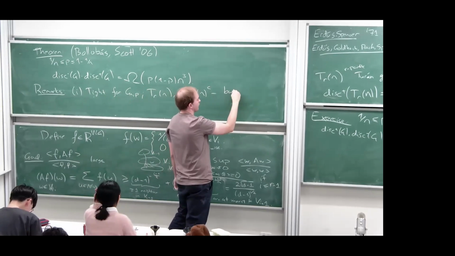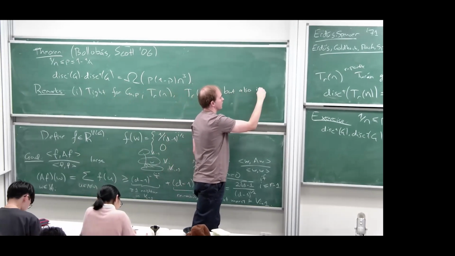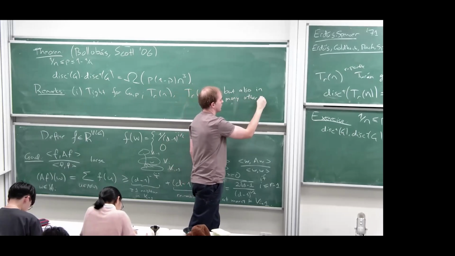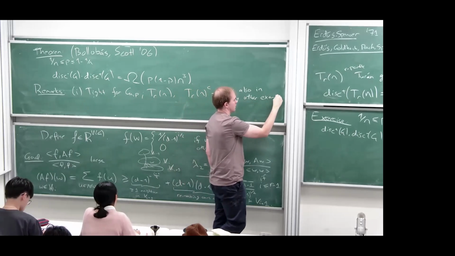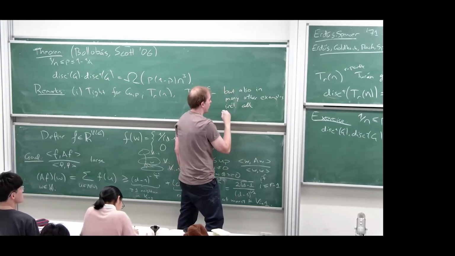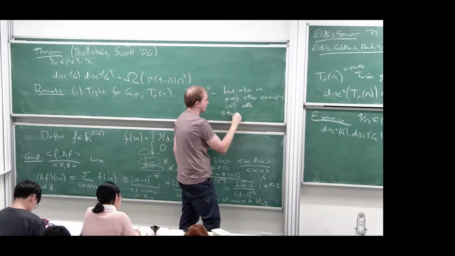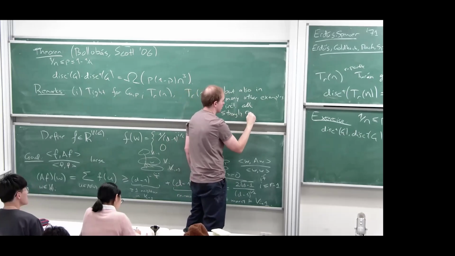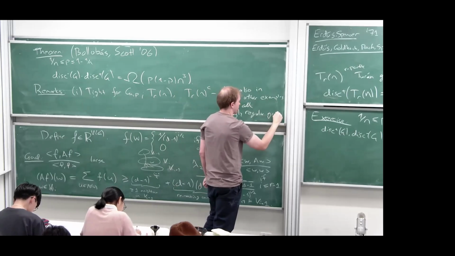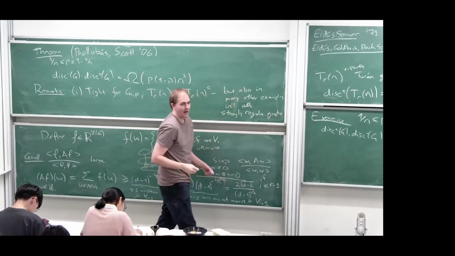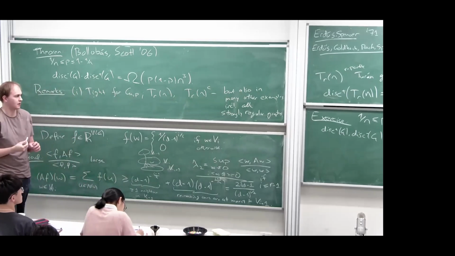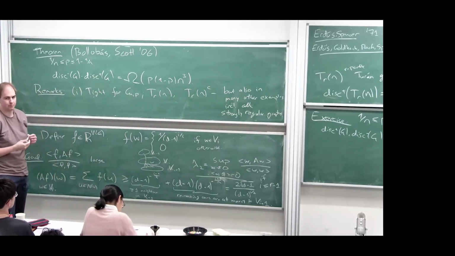But also in many other examples, including all strongly regular graphs. We'll see that later when we prove some relations between the spectral lambda 2, lambda n, and the positive and negative discrepancy.